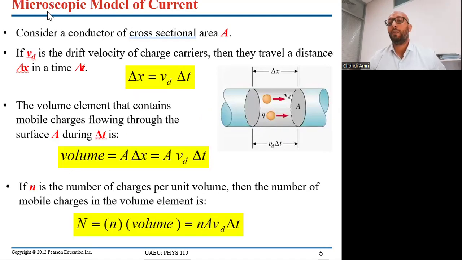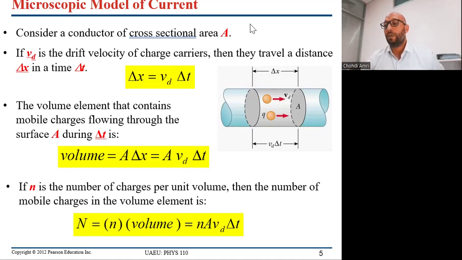Now we will talk about the microscopic model of the current. If we consider a conductor with cross-sectional area A and a cylindrical form, and we consider that Vd is the drift velocity of the charge carriers, then these charges will travel a distance delta x in a time delta t.